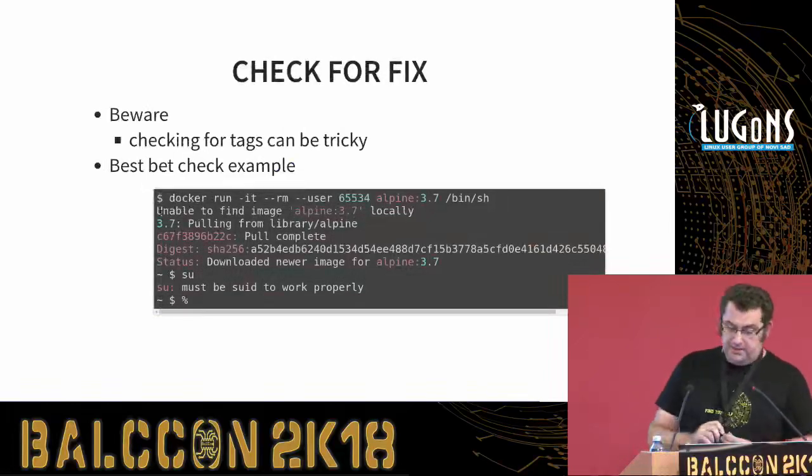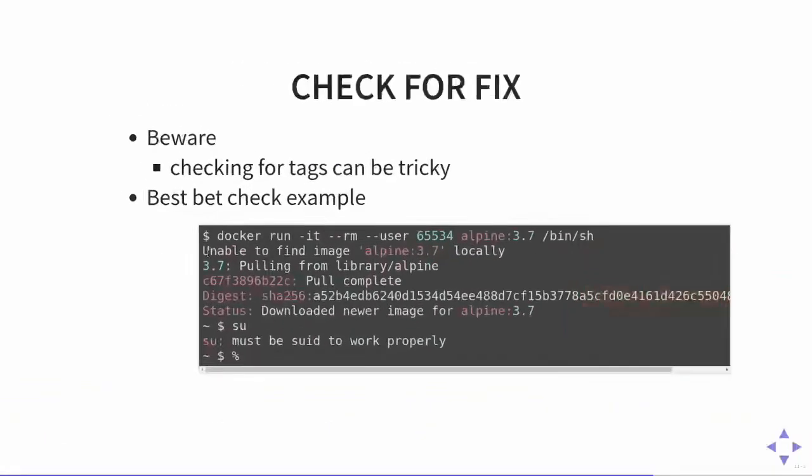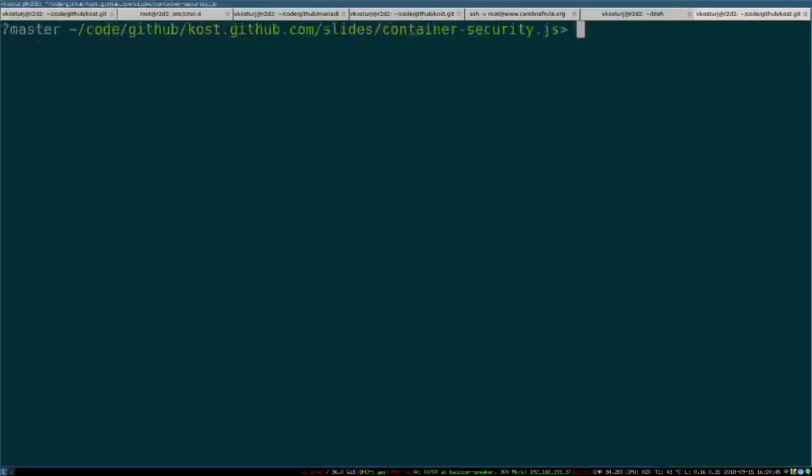The other thing is you shouldn't rely on tags. It's better to really check the image itself than to trust tags. Why am I talking about this? Let me show this command, just to give you a little idea of what the problem is.